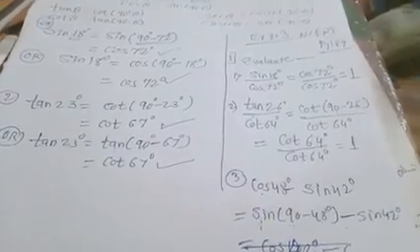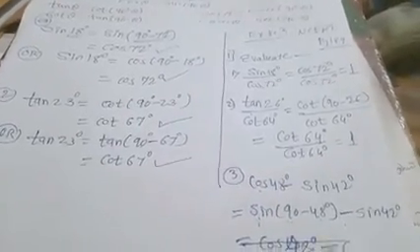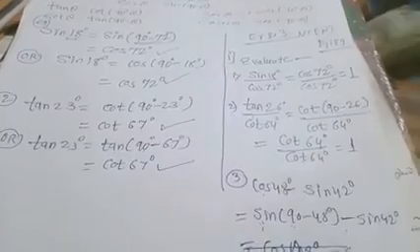Sin is as it is. Then it will be sin 42 as it is. Then sin 42 minus sin 42, the answer is 0. Clear? In this way we will solve.